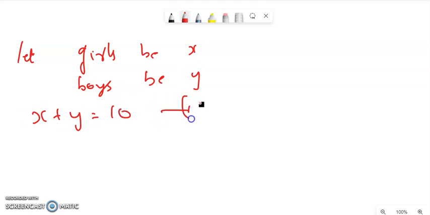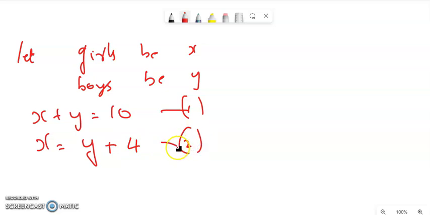This is my first equation. Then, the number of girls is 4 more than the number of boys, so X is equal to Y plus 4. That means the girls are more. This is my second equation.